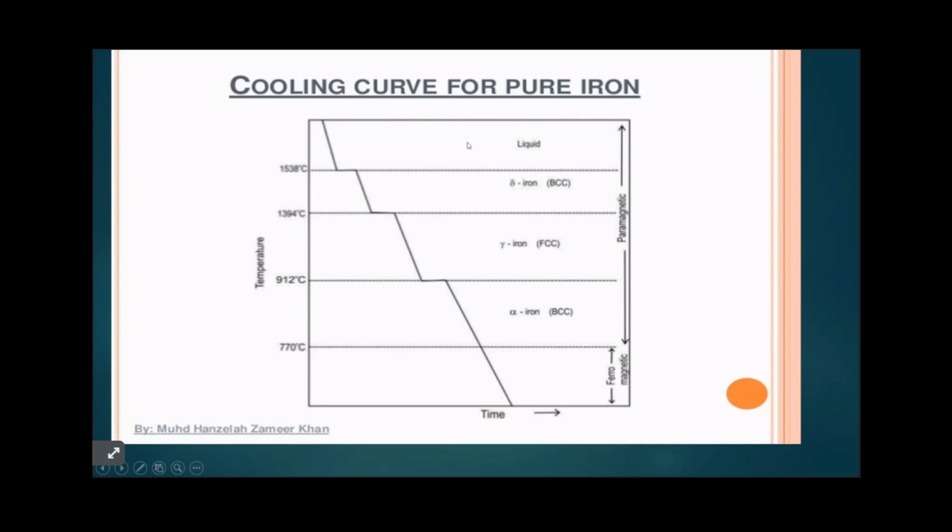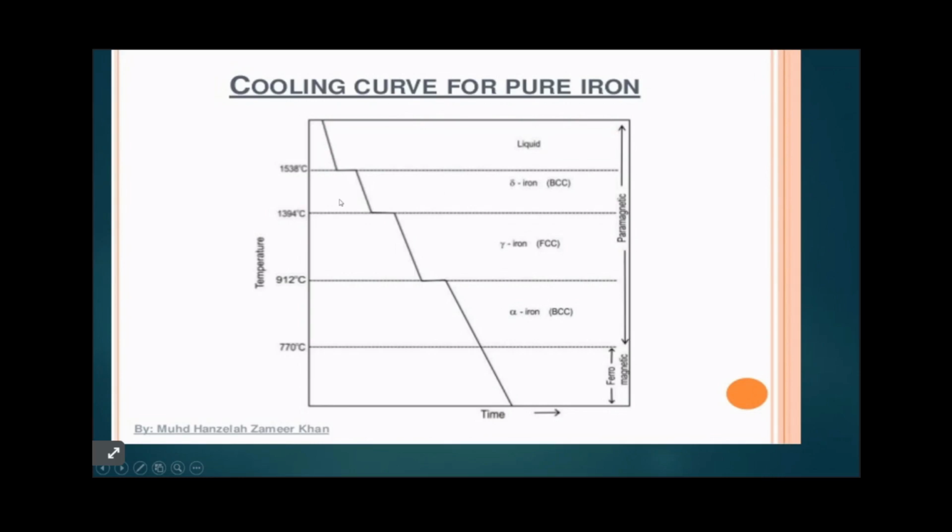After getting the liquid stage, when you cool slowly, the pure iron will go through different phases. When the temperature reaches from 1600 degrees Celsius to 1538 degrees Celsius, it will be converted from liquid to delta iron. Delta iron is in the form of a body-centered cubic structure.